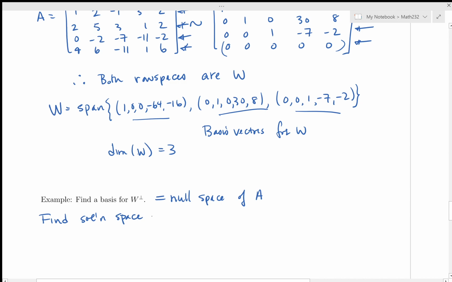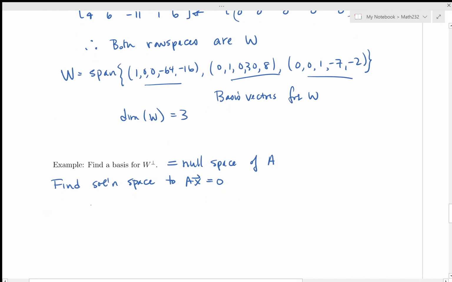I need to find the solution space to AX equals 0, and so I am going to want to row reduce A, which is this guy here: 2, 5, 3, 1, 2, 0, minus 2, minus 7, minus 11, minus 2, 4, 6, minus 11, 1, 6.